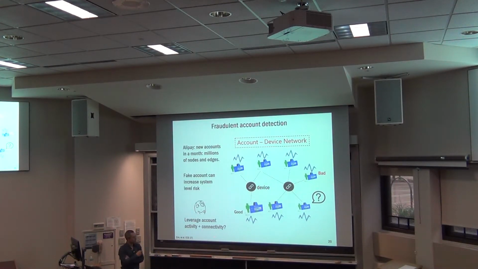Some of these accounts have been verified as bad. Maybe someone reported it, or it has been active for a long time, or has done something wrong to the system. It already has labels, and these labeled points will be used to set up your loss function, and the graph propagation operator itself can be used with and without the label.